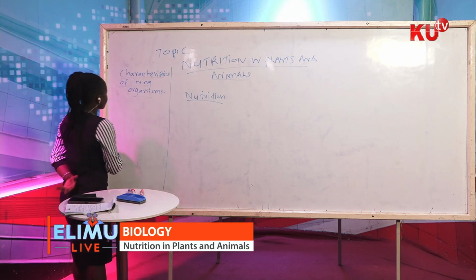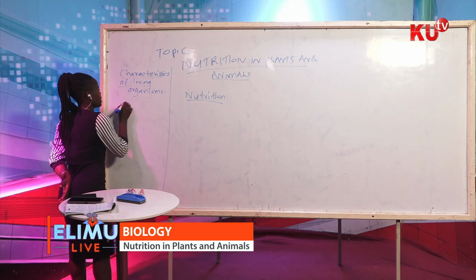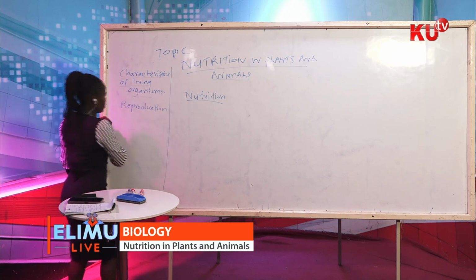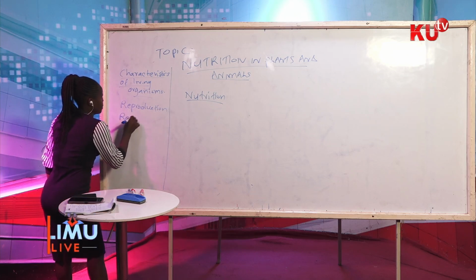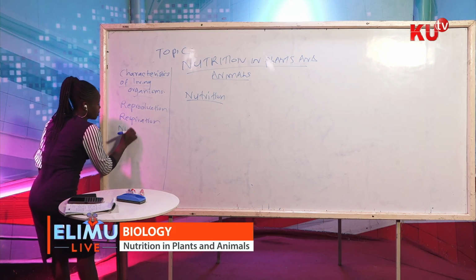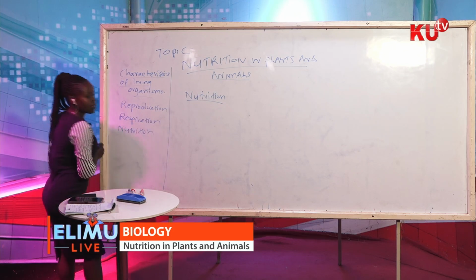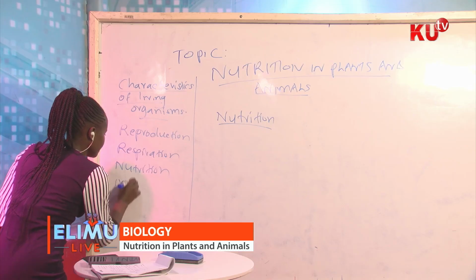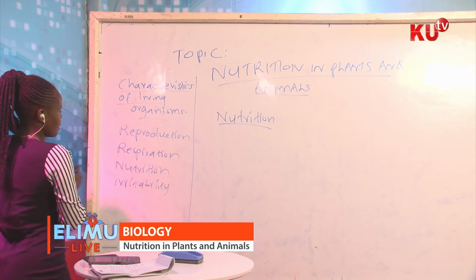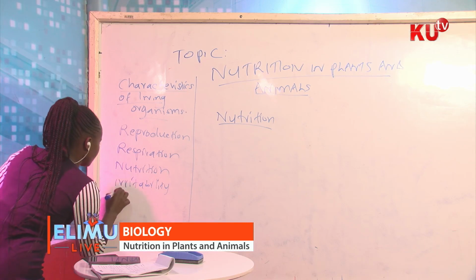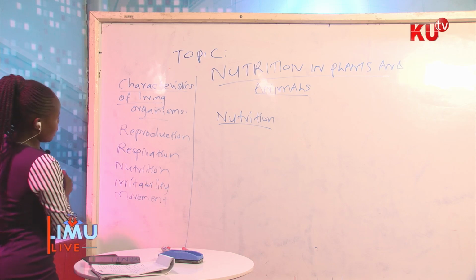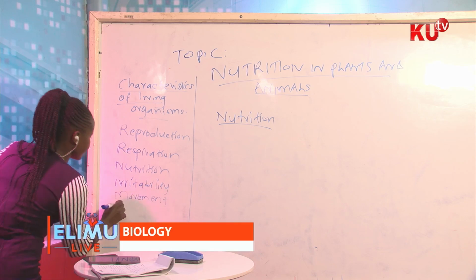Living organisms reproduce, that is reproduction. There is respiration. There is nutrition. There is irritability. There is movement. And also there is gaseous exchange.